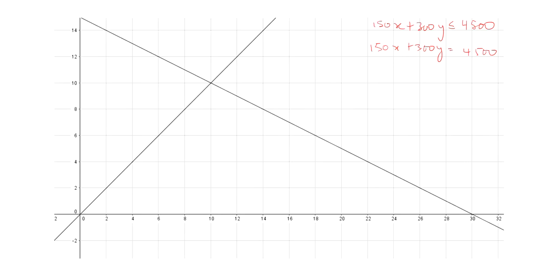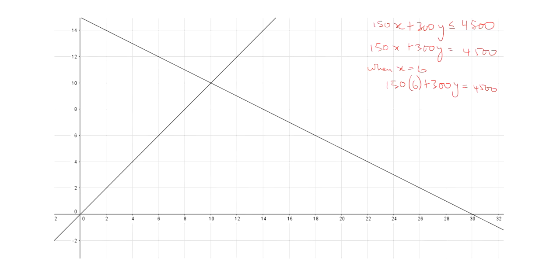Now we need 2 points. So let's say when x equals 6, we end up with 150 by 6 plus 300y is equal to 4,500.